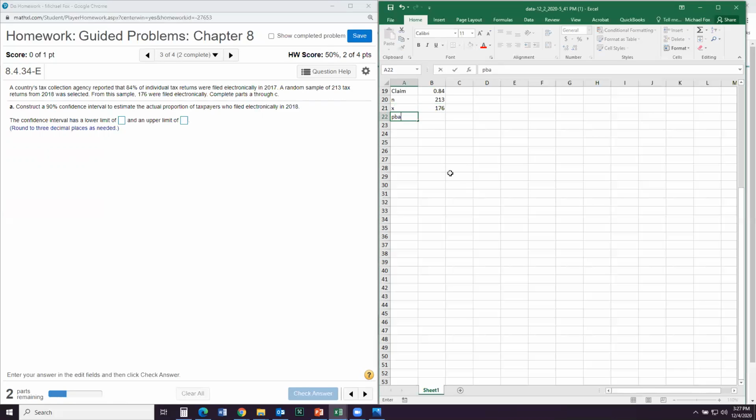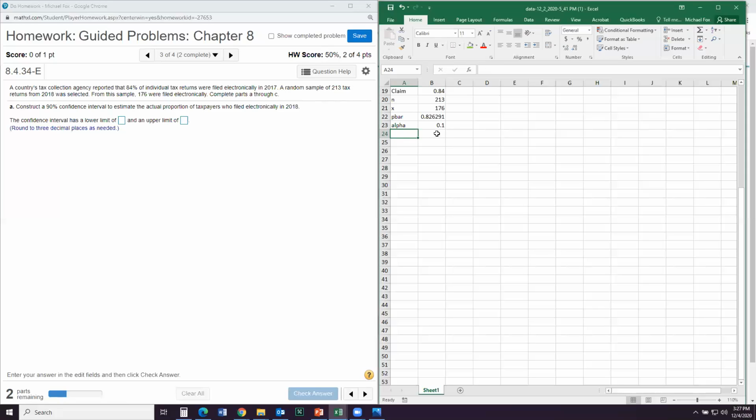So our p bar, or our sample proportion, is just going to be x divided by n. So the claim from the past was 84%, and now we're observing 82.6%. Okay. My alpha is going to be 1 minus my confidence level, so 0.1. And that's what I know.